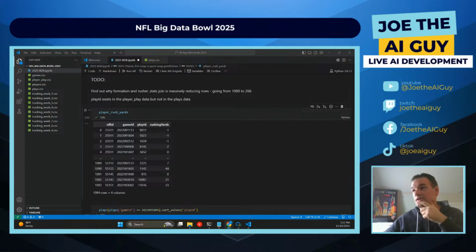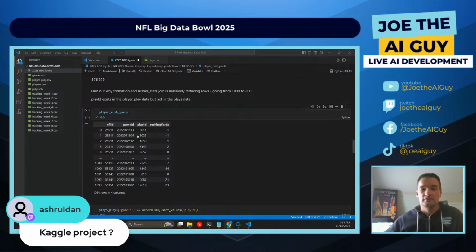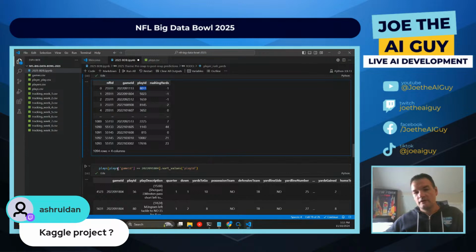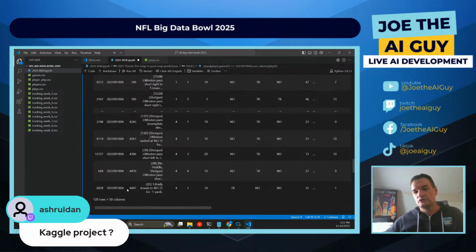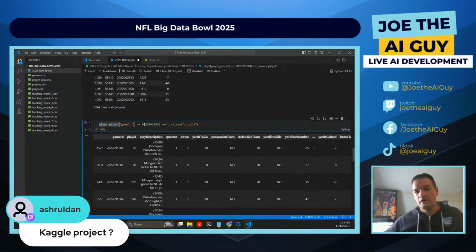Hey, Ash. Yeah, working on the Big Data Bowl data set for the Kaggle competition. Right now, just investigating why, when we're doing filtering, we're losing a lot of the rows here. So we're losing like 70 to 80% of our data because it's not matching up. And when I go to the plays table, which should have that, I don't see anything even close to what that number could be in terms of the play ID.